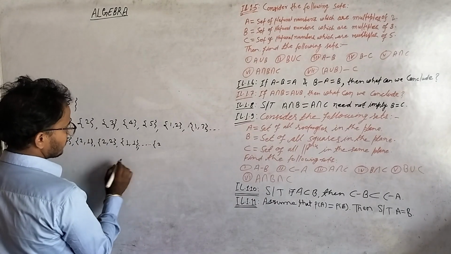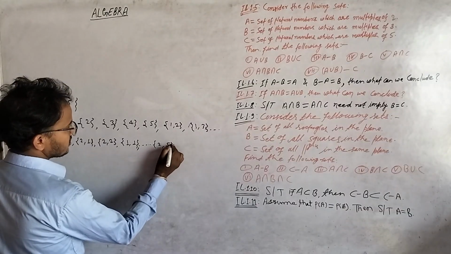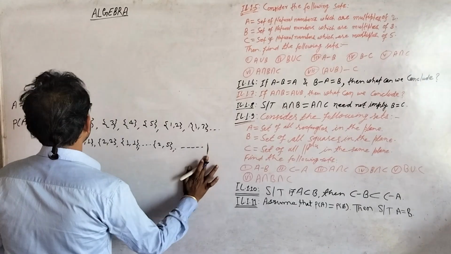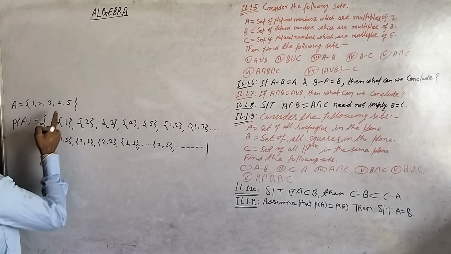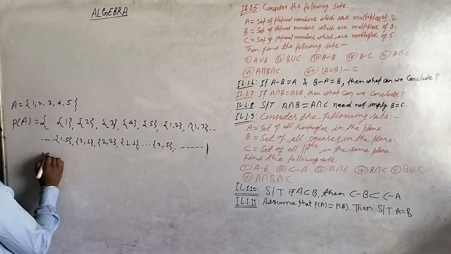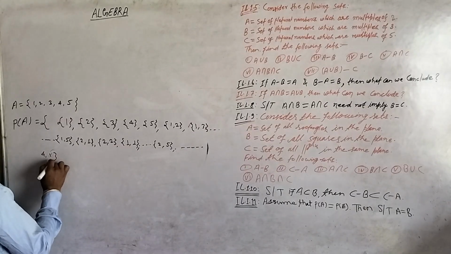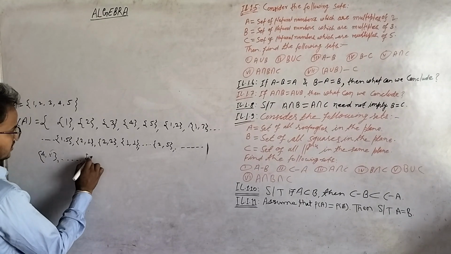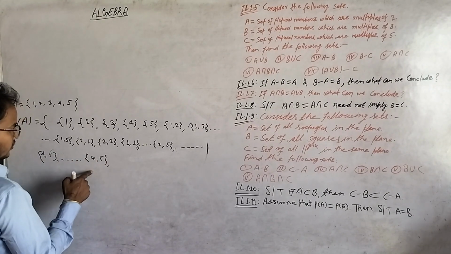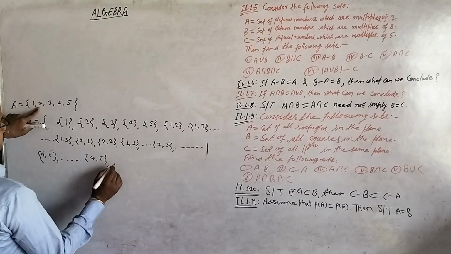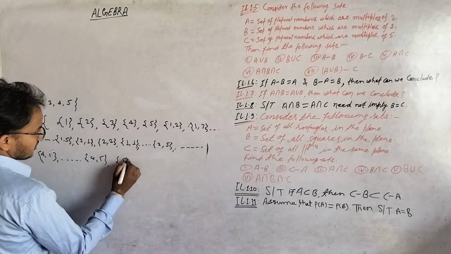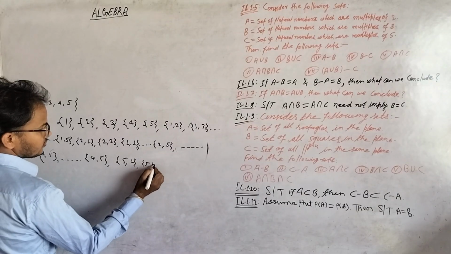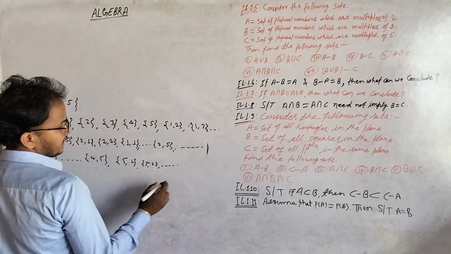Similarly for 2, then 3, and for 4 similarly: {4,1}, {4,2}, {4,3}, and finally {4,5}. And for the last element 5: {5,1}, {5,2}, and so on.